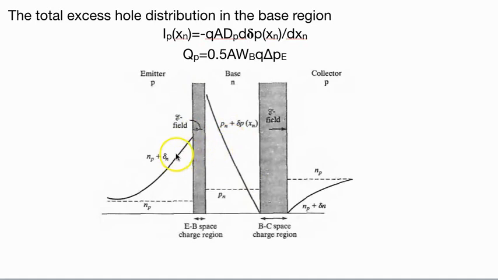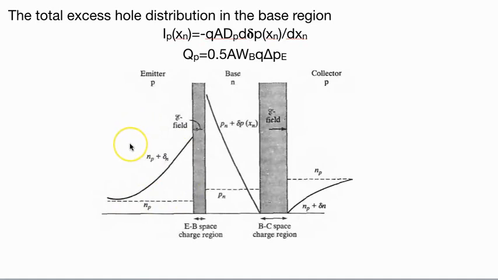If you see, the minority charge carriers in P region would be the majority charge carriers of N region. The electrons, when they travel or cross the emitter base region, decrease with an exponential Np plus del Np and maintain at Np.